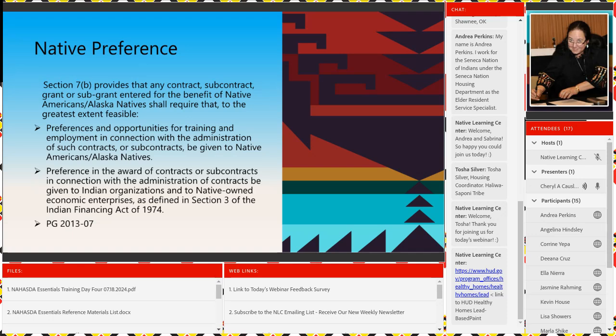Preference in the award of those contracts and subcontracts in connection with the administration shall be given to Indian organizations and Native-owned economic enterprises, as defined within Section 3 of the Indian Financing Act of 1974. Program guidance is 2013-07. So we used to have to really adhere to Section 3 by giving this Native preference. We're adhering to it.